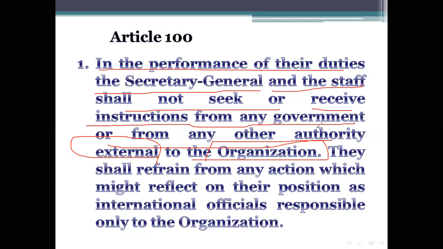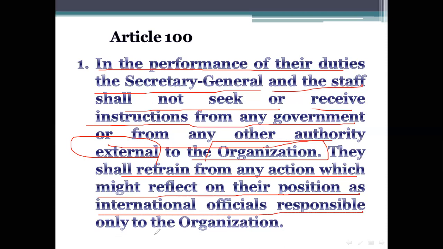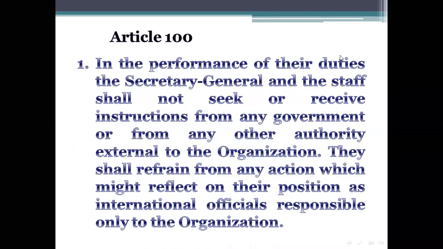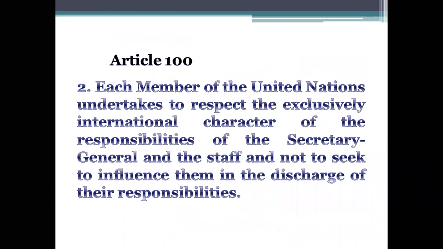I mean, from the state that they belong to. They shall also refrain from any action which might reflect on their position as international officials responsible only to the organization. They are even forbidden from doing any acts that could affect their position as international employees of the United Nations. So this is evidence that the United Nations has its own independent will, separate from the member states within it.